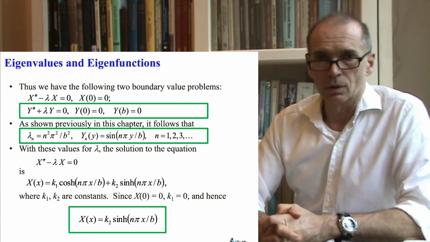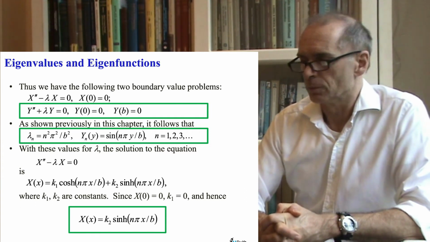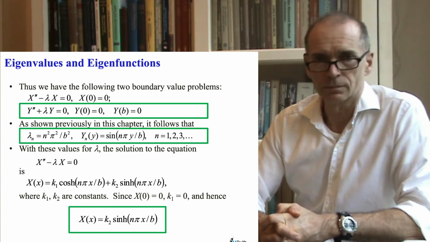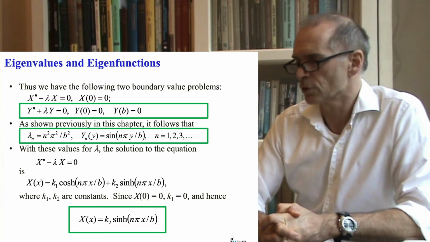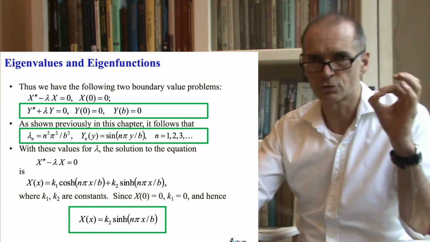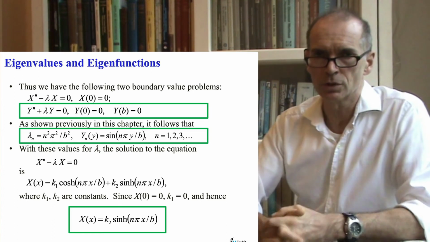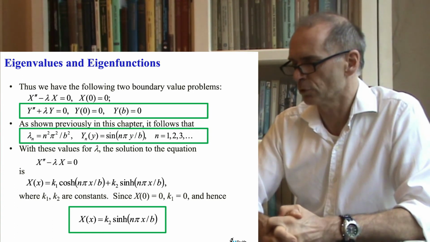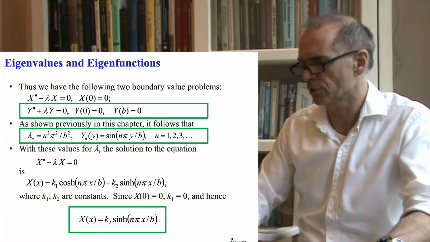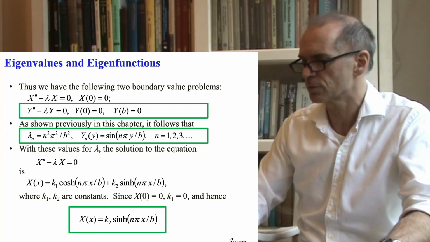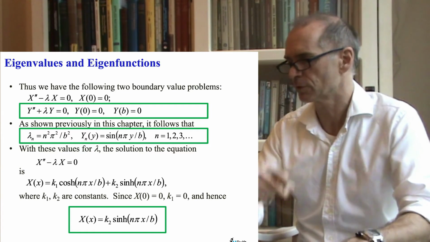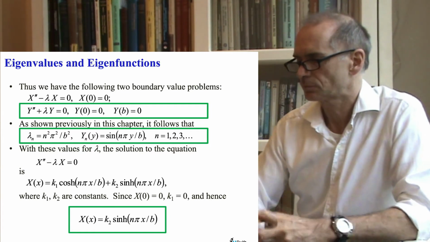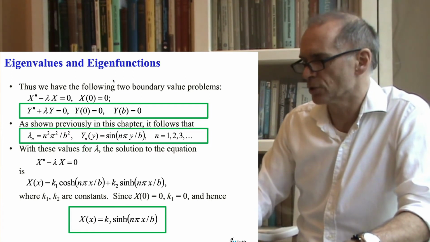So that's actually quite the same type of problem that we solved already for the heat equation, and also for the wave equation for the string, when we also had two homogeneous boundary conditions at the opposite sides of the domain. So once again, we find the sine functions as eigenfunctions, and now lambda is known.